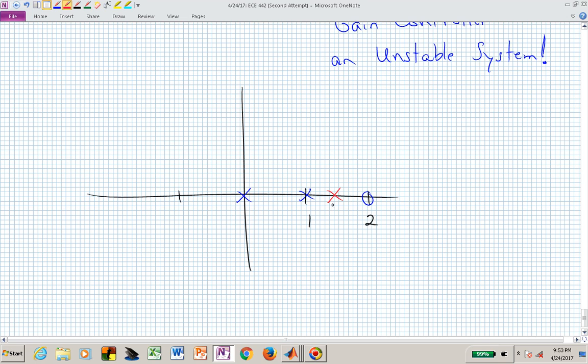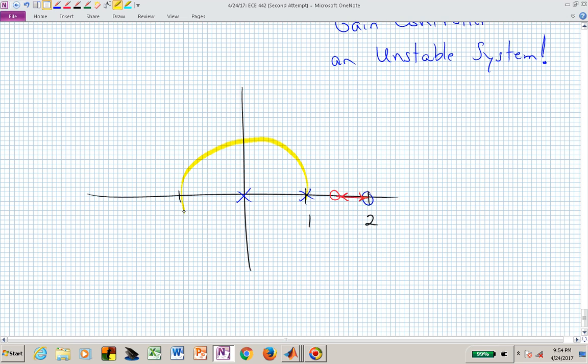So a pole is maybe not going to work for us, but what if we actually had a 0? Now if we had a 0, we will have a root locus diagram that will eventually terminate at those finite zeros.